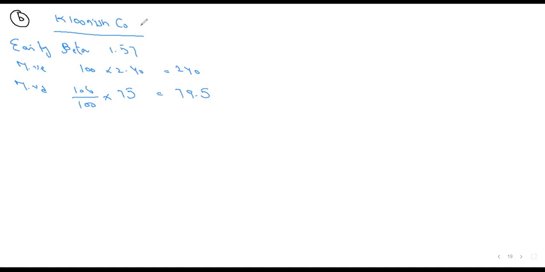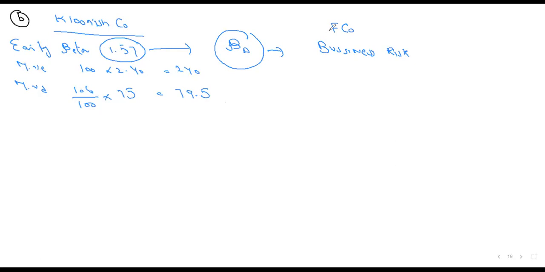Now see guys, as Cloonish company is already operating in the country in which we are going to do our new setup, we will ungear this beta into the beta asset. The beta asset represents the business risk. So we are assuming that the subsidiary, the F company, which we are going to operate in that country, will have the same business risk as that of the Cloonish company, because Cloonish company is already operating there.